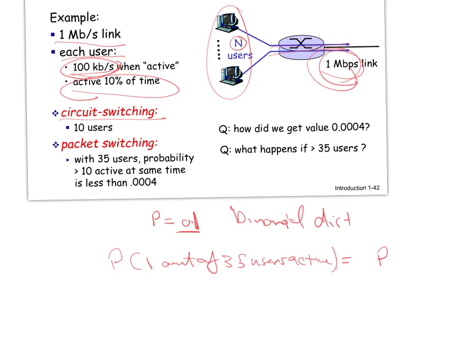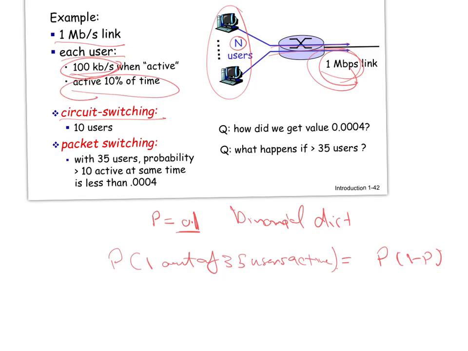And all the others are not. What is the probability that all others are not active? 0.9, which is 1 minus p, right? To the power of 23, which means all the 23 other users are not active. All of them.